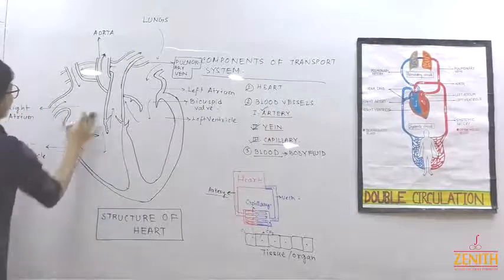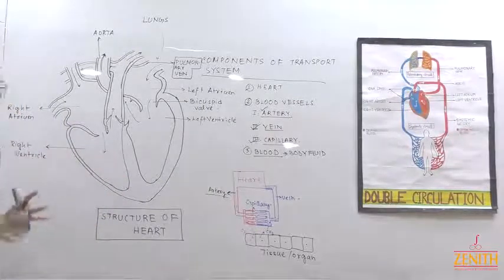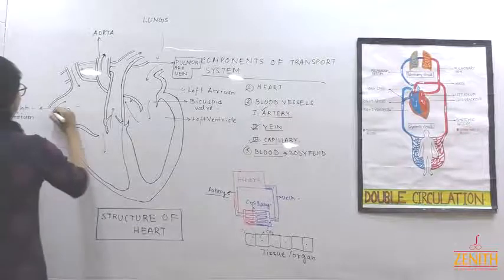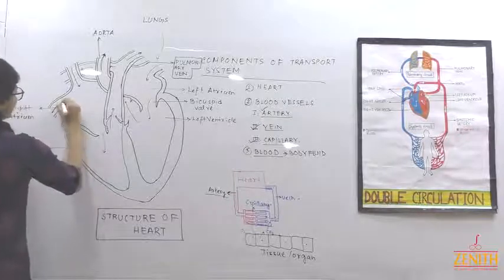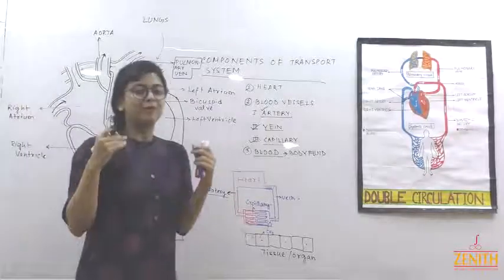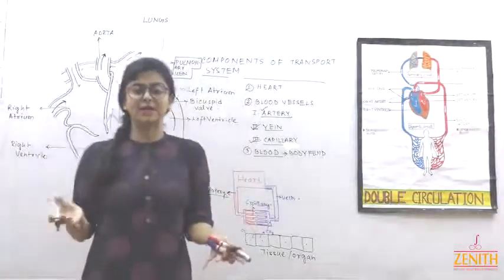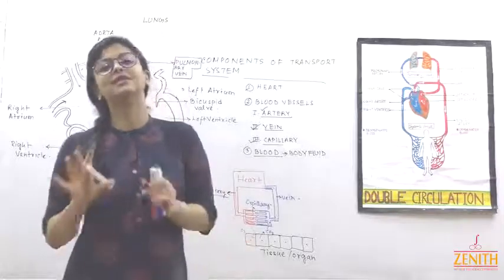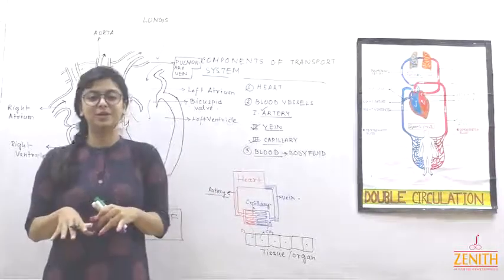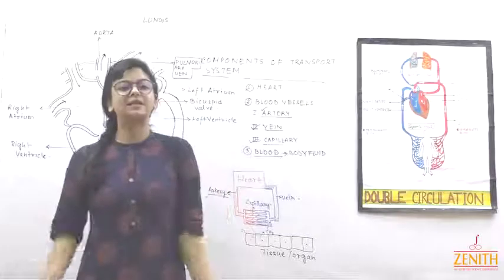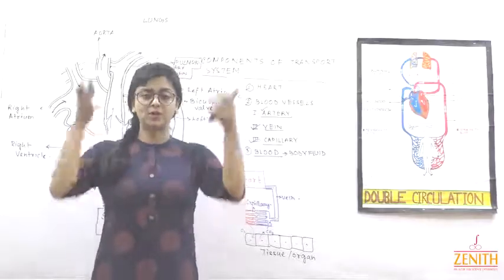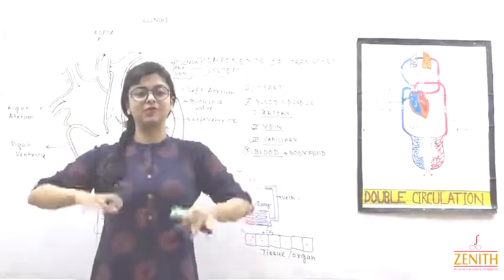Then what happens? This is our right atrium. The right atrium takes the blood from two portions. Our body is producing carbon dioxide, and the carbon dioxide containing blood is known as deoxygenated blood. This deoxygenated blood is taken from the lower portions of our body, and also from the upper portions of our body.